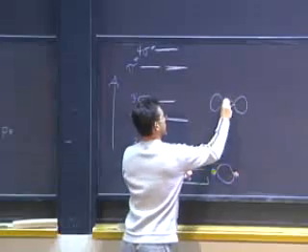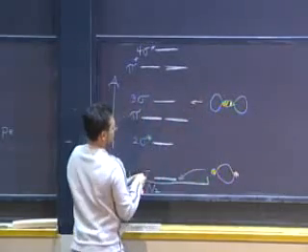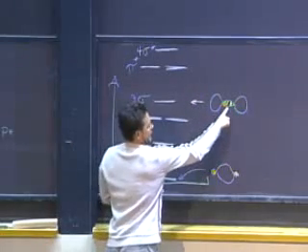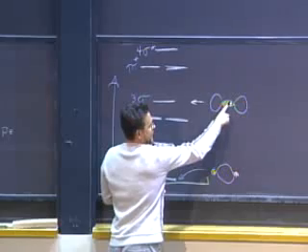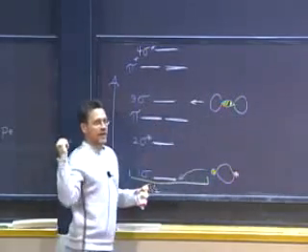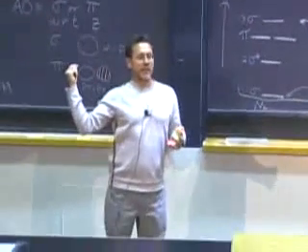And this molecular orbital, so that's this one here, 3 sigma, has diminished bonding character in between the 2 nuclei and enhanced character on the outside, the part of the p orbital that's contributing to it that points away from the other atom.